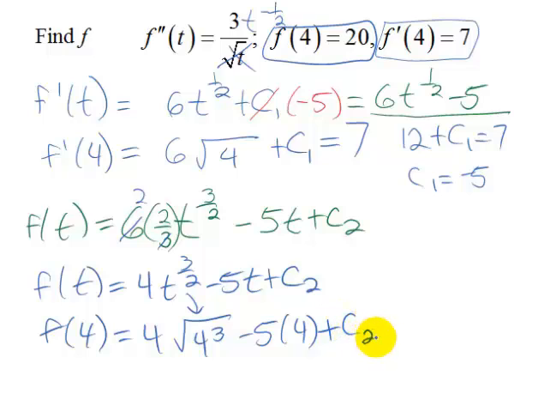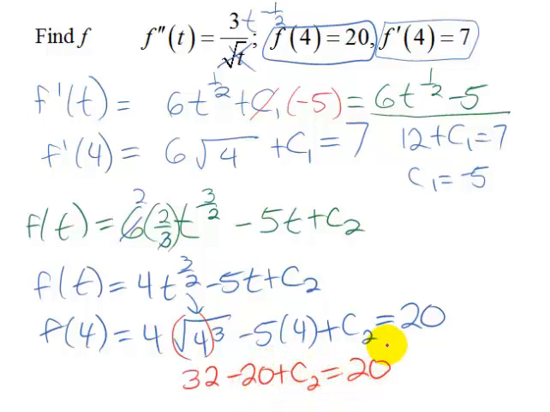And then plus c2, and that needs to equal 20. So let's see what we can do to simplify this. We can do the root and then the power, so that's going to be square root of 4 is 2, to the 3rd is 8, times 4 is 32, still have minus 20, plus c sub 2 equals 20.